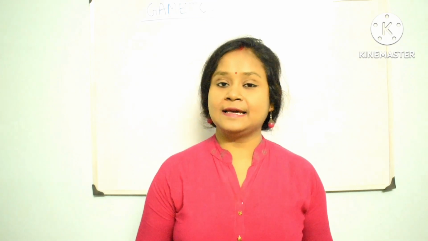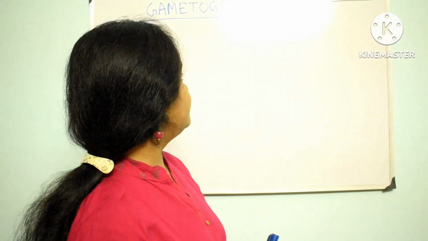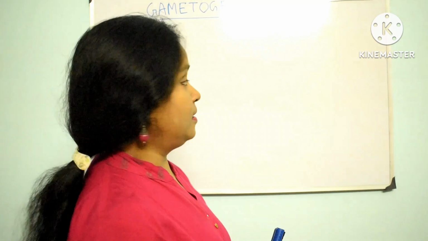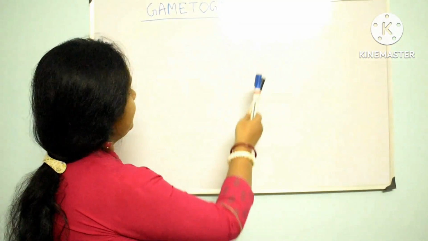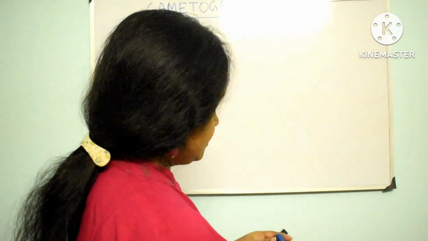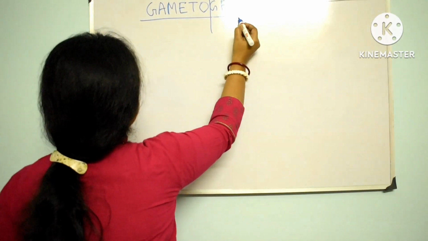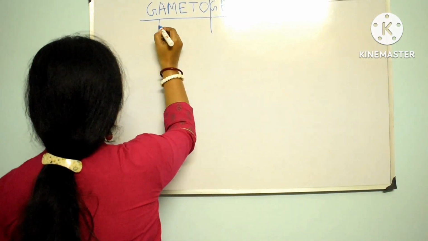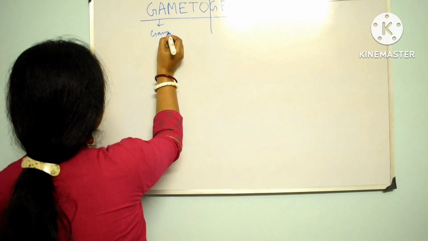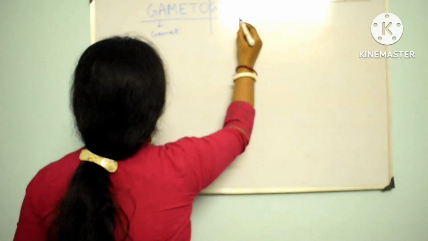In my previous lecture, I gave an introduction about what developmental biology is and its scope. In this lecture, I am going to discuss gametogenesis. Gametogenesis, as the name suggests, is the generation of new gametes.